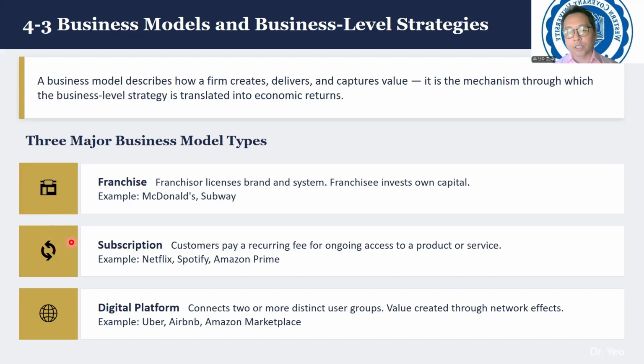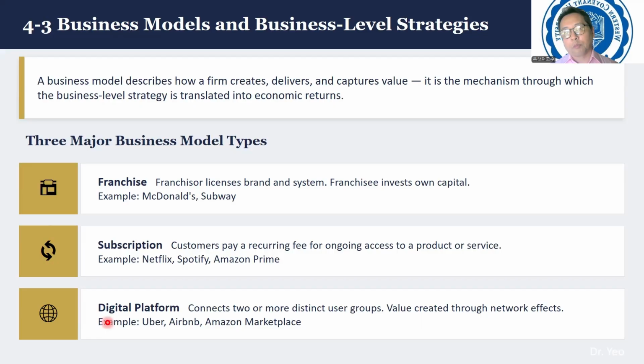This creates predictable, recurring revenue and strong customer lock-in. Once customers are very satisfied with the service, then they're locked in. They cannot leave.